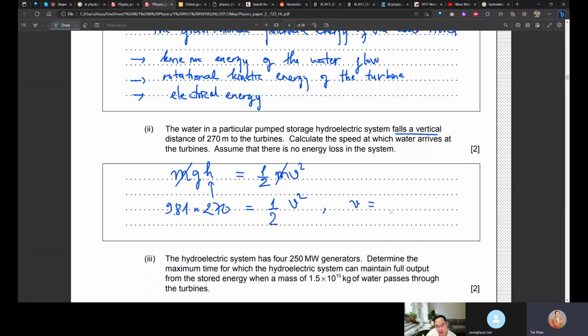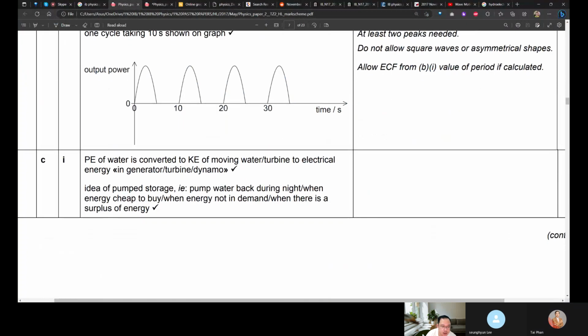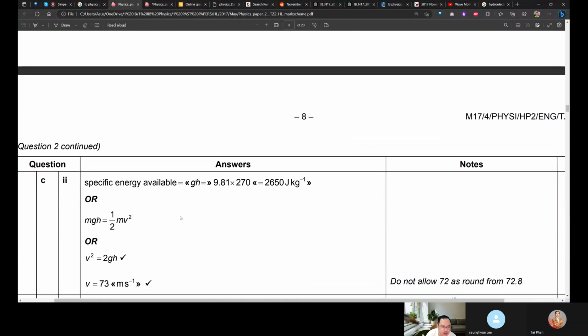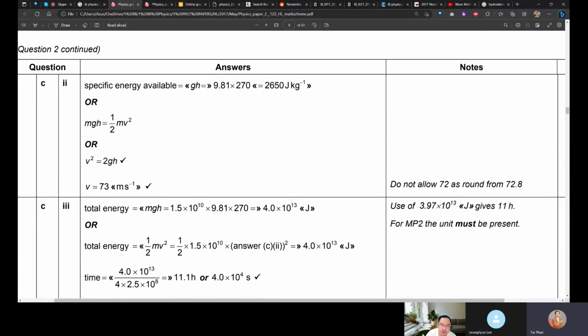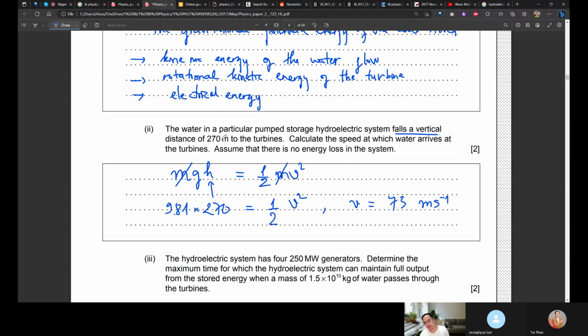We round to 2 significant figures: 73 meters per second. Checking the answer: potential energy converts to moving water, converts to the turbine, and produces electricity. Specific energy available, gh. Using this one, yeah, 73.